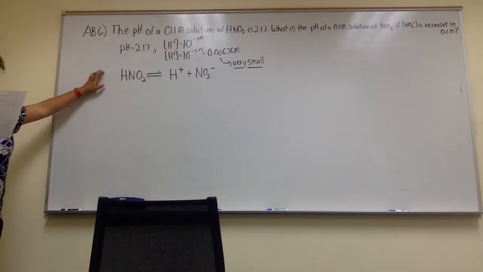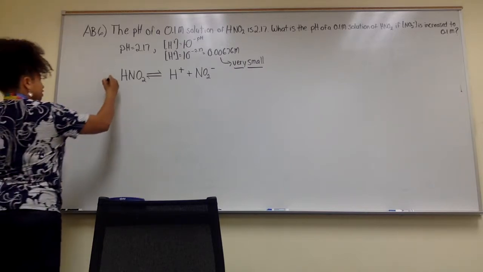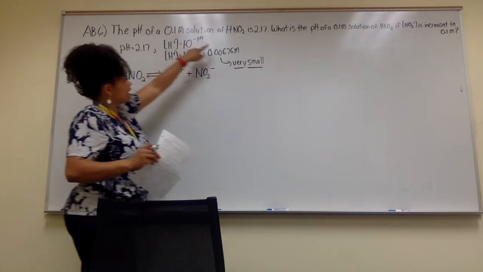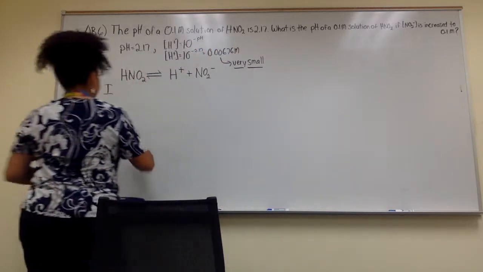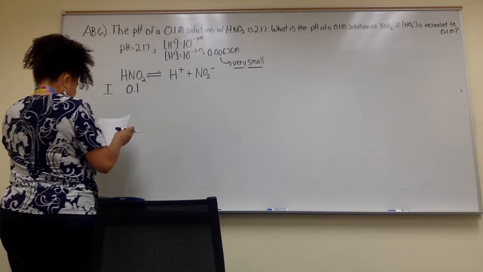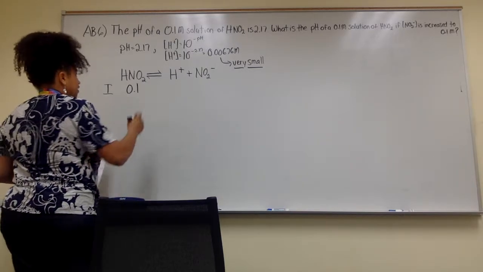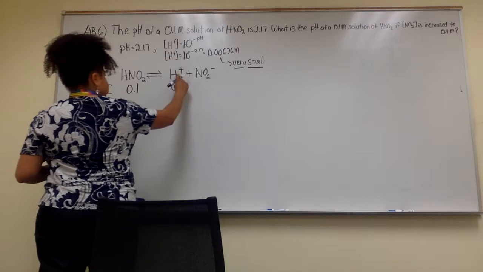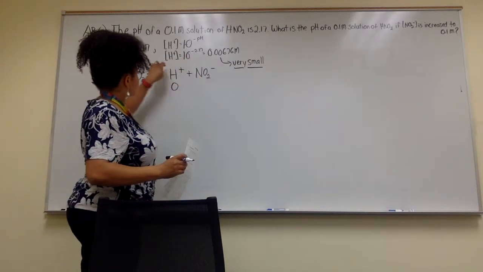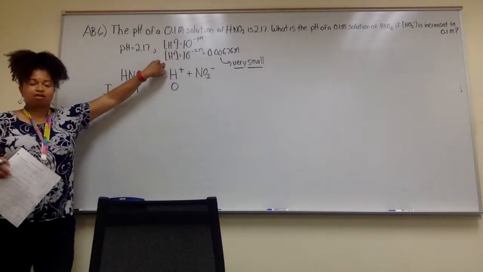Now, we know that we are starting initially with a concentration of 0.1 of HNO2. So we go ahead and put that in. We also are assuming that we don't have any initial protons because we are assuming that this value here is very, very small.